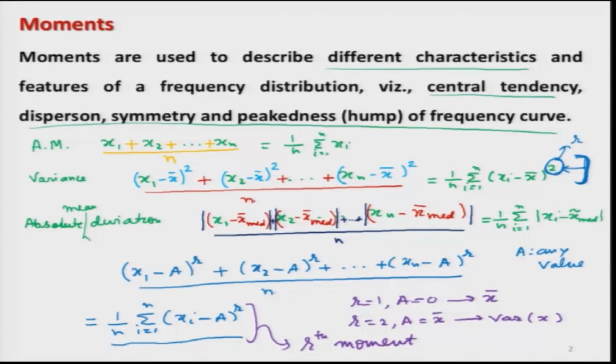And now you know that this is what I have defined for the data which is observed as x1, x2, xn, and that is ungrouped data.